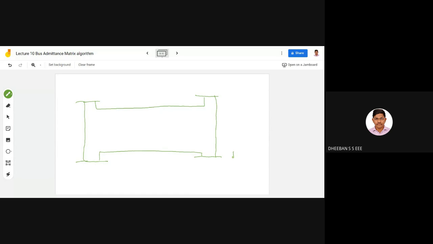This will be the first bus, this will be the second bus, this will be the third bus, this will be the fourth bus. Apart from this, there's an interconnection between your third and your first bus.